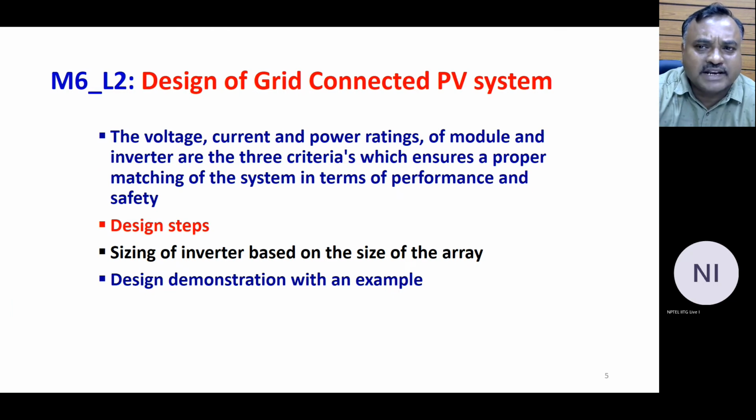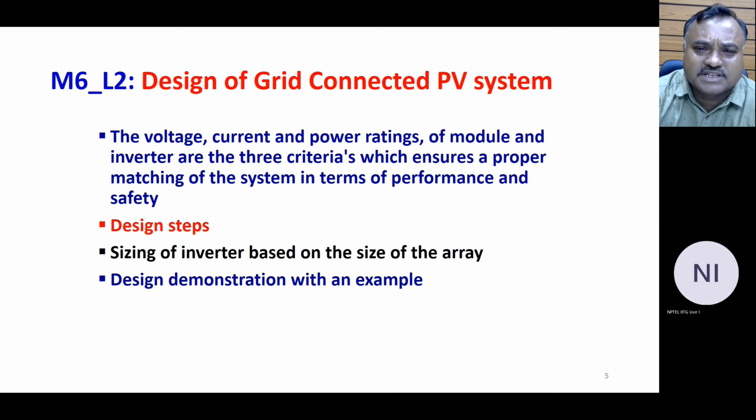The design of grid connected PV systems was discussed in lecture 2 of module 6. What are the different parameters like voltage, current, and power ratings of modules and inverters?